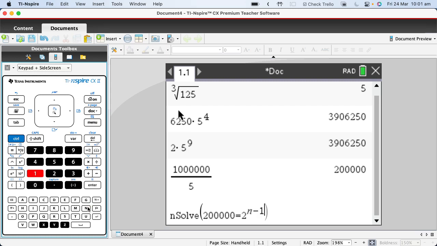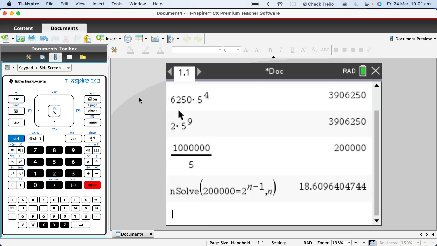And then the other thing you have to do is press the arrow key and go comma and say what variable you're trying to solve for. In this case, it's n. So you type in n again, press return, and it will tell you that it's 18.6, to 3 significant figures, is what n is equal to.